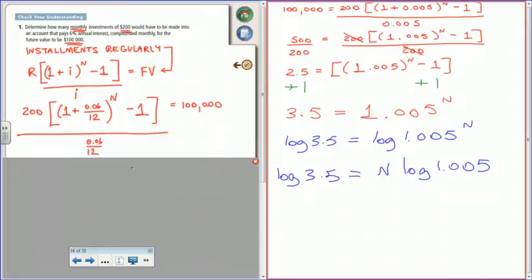Well, they're subtracting 1, so I'm just adding 1. Add 1 to both sides. Or in grade 9, we just said move the 1 over. Negative 1 over, it becomes plus 1. We got to move that negative 1 over to join 2.5. Right?